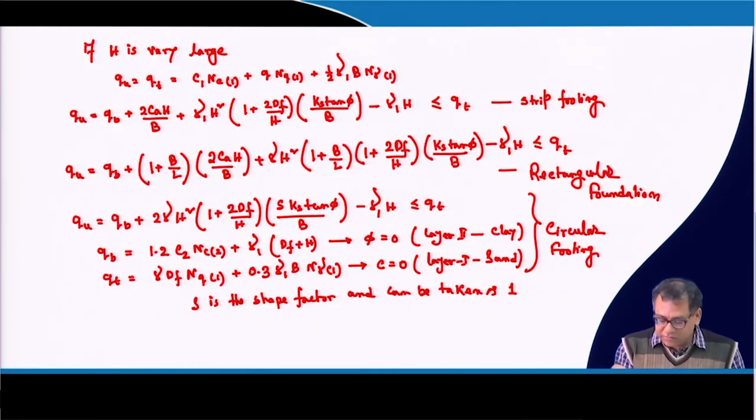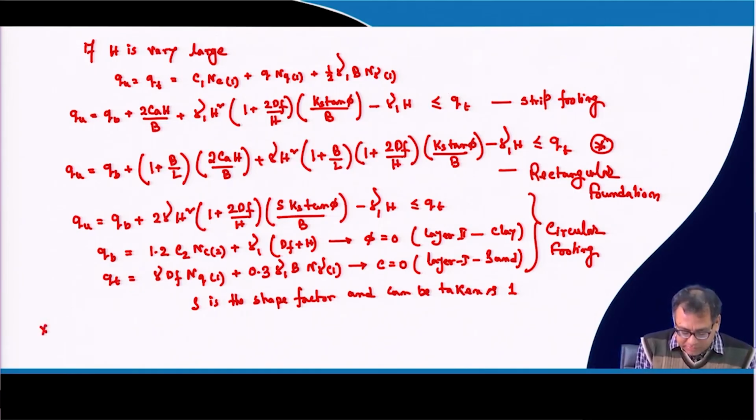And again, as I was talking about, for the QB calculation for rectangular footing, and the QT calculation, because this QT is calculated without considering shape factor, this is also valid for the strip footing. So, now let me write these things for the rectangular footing. As I mentioned, this QT will be for the strip footing.